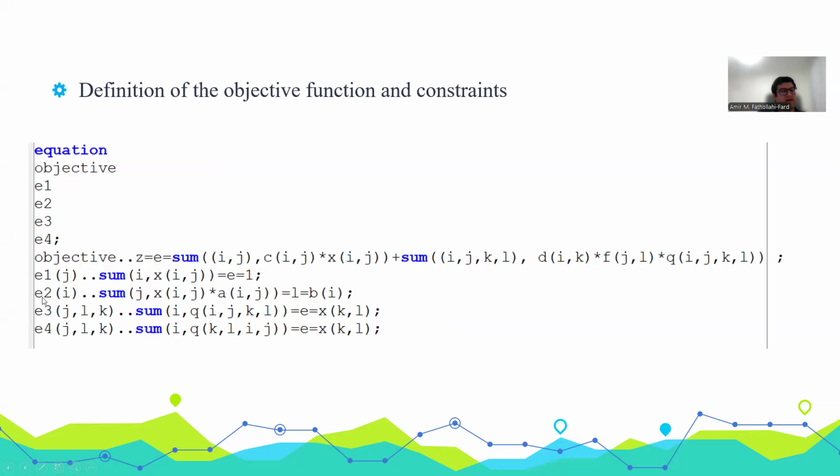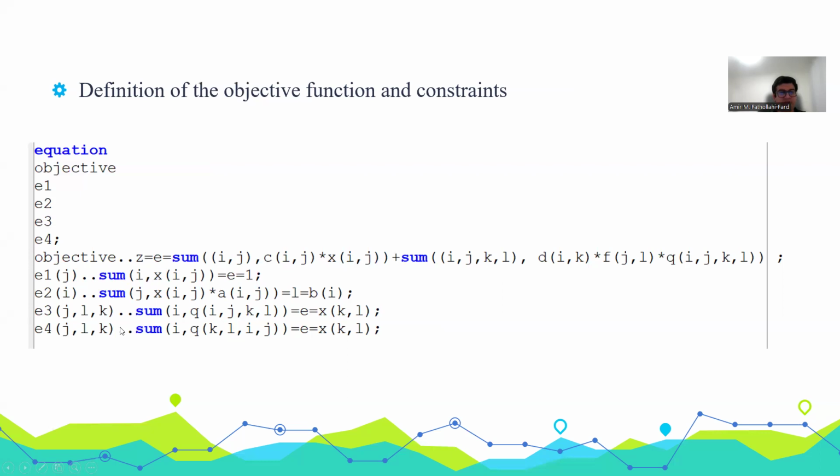Another equation is for the capacity constraints, where for each factory i we have the sum over all j of the variable xij multiplied by aij, which must be lower than the capacity.